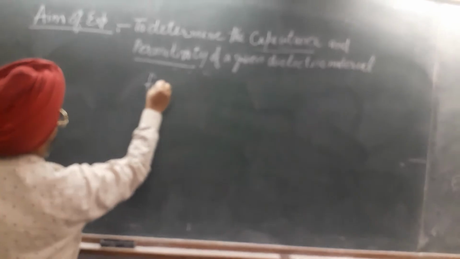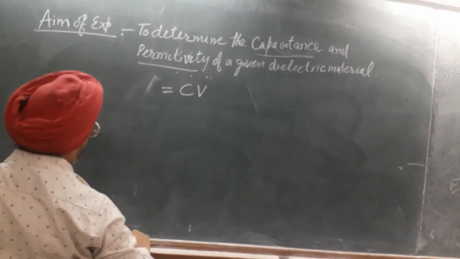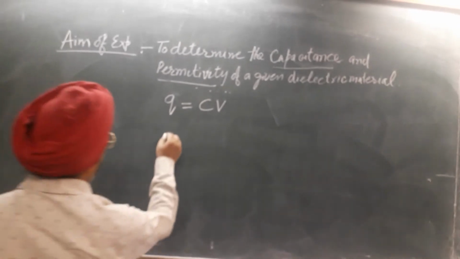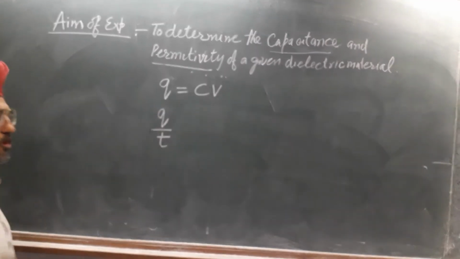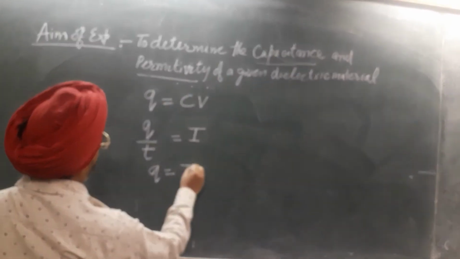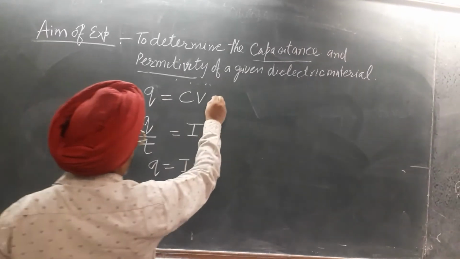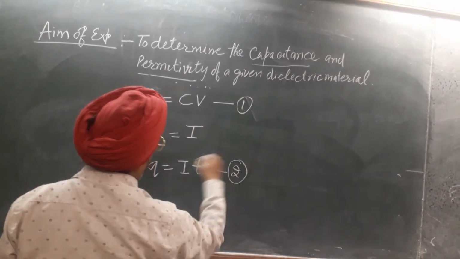As we know, Q is equal to CV, and we also know that Q upon T, the rate of flow of charge, is known as current, so Q is equal to I into T. This is equation 1, this is equation 2.